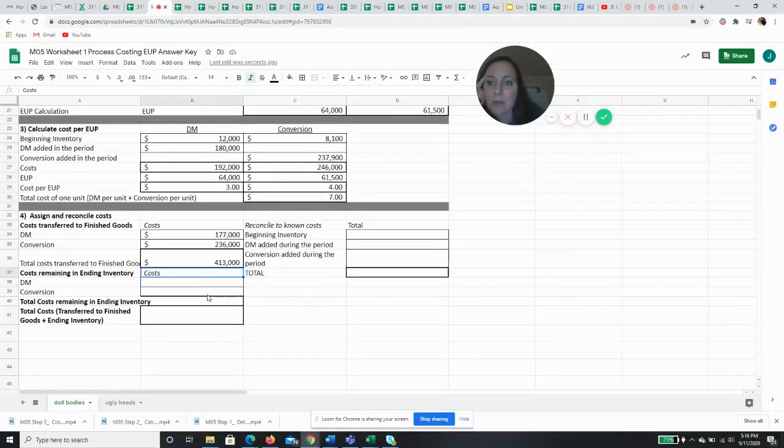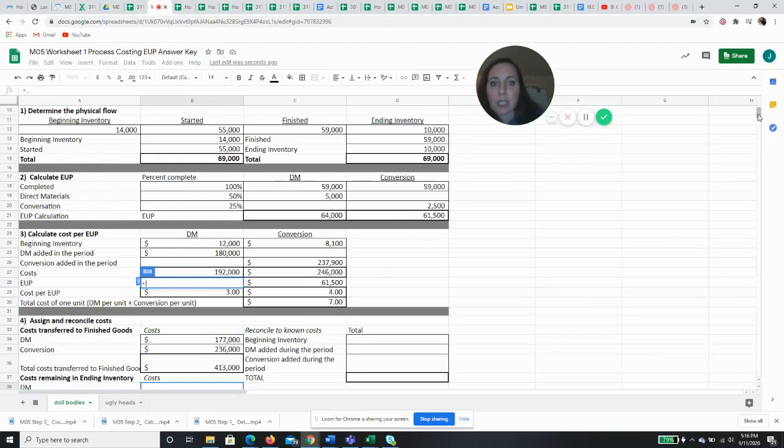Our WIP ending inventory. To calculate this, we are going to calculate our ending inventory EUP times our cost per EUP. So my ending inventory EUP for direct materials is right here in step 2. It's this 5,000.